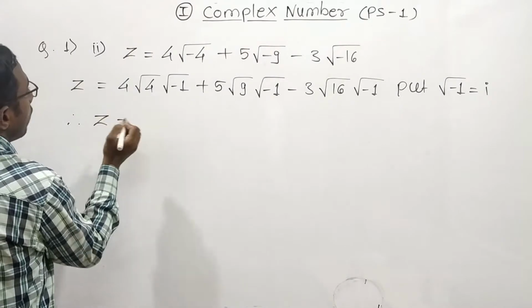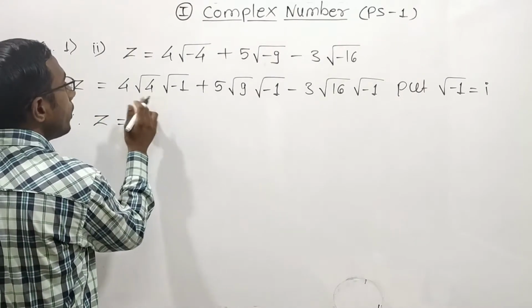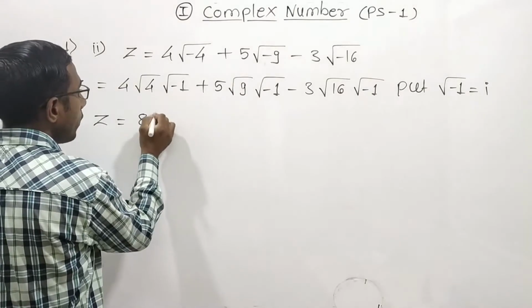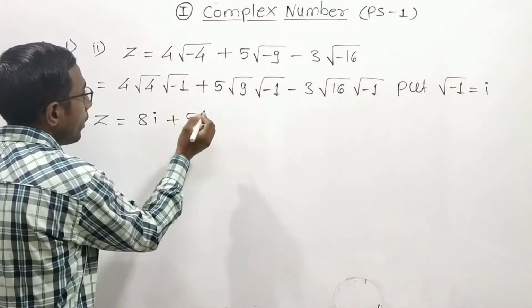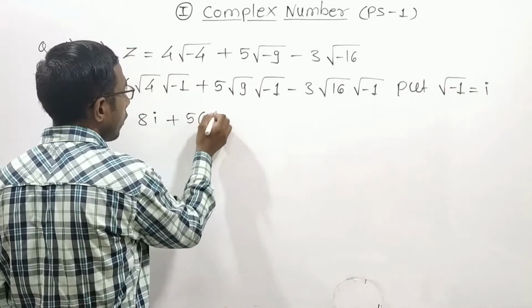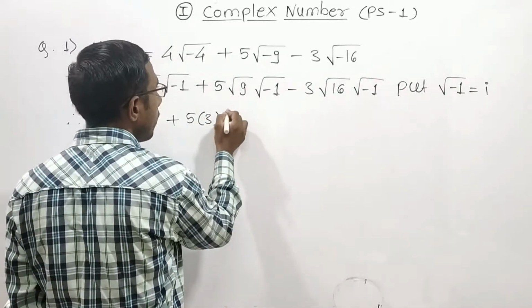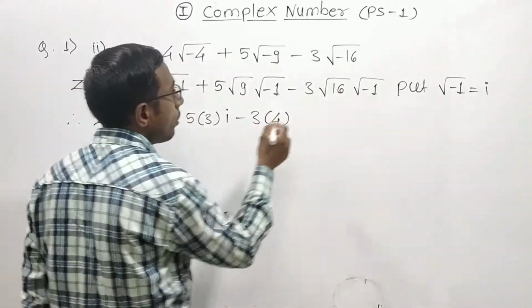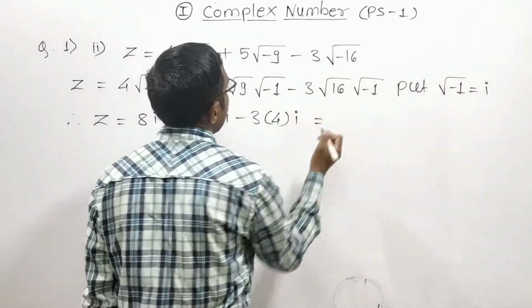Therefore z is equals to 4 root 4, root 4 is 2, 4 twos are 8, root minus 1 is i, plus 5 root 9, root 9 is 3, root minus 1 is i, minus 3 root 16, root 16 is 4, root minus 1 is i.